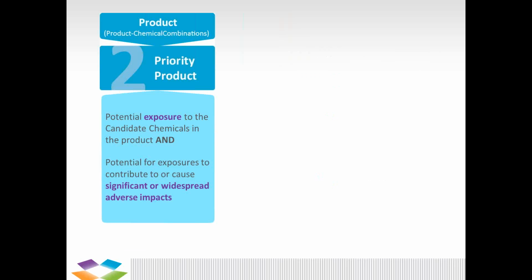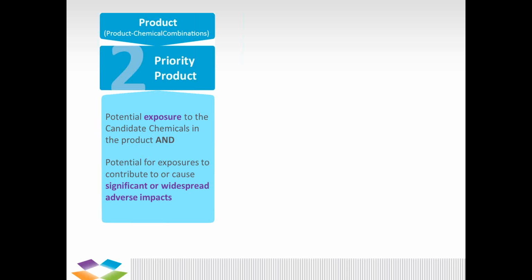So the next part of the process is identifying what we call a priority product. And I wanted to highlight that our criteria for doing that are pretty broad, and there are 2 main things. One is that we identify a product that has a chemical on our chemicals list for which there is potential exposure to that chemical to people or the environment, and that exposure has the potential to cause or contribute to what we call significant or widespread adverse impact.